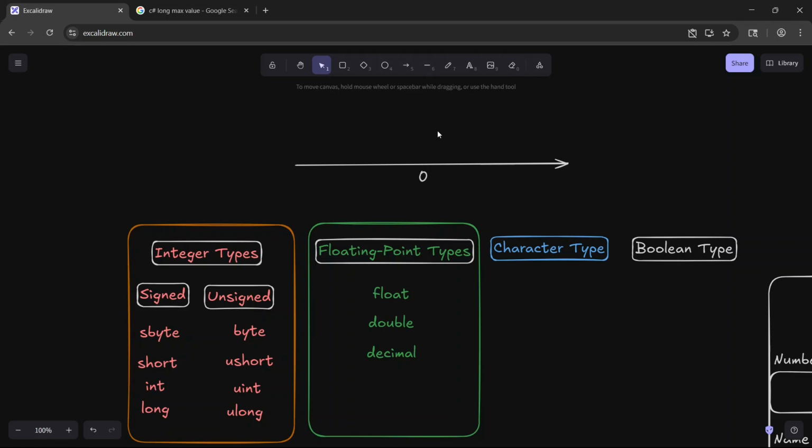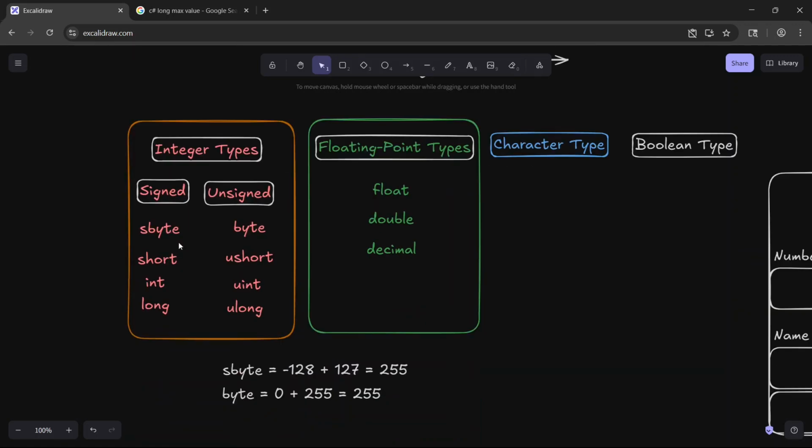I don't know if the same with the others, short and ushort, the same amount of memory, just ushort is only positive, and uint same. The U's are just positive numbers only, but same amount of storage space.